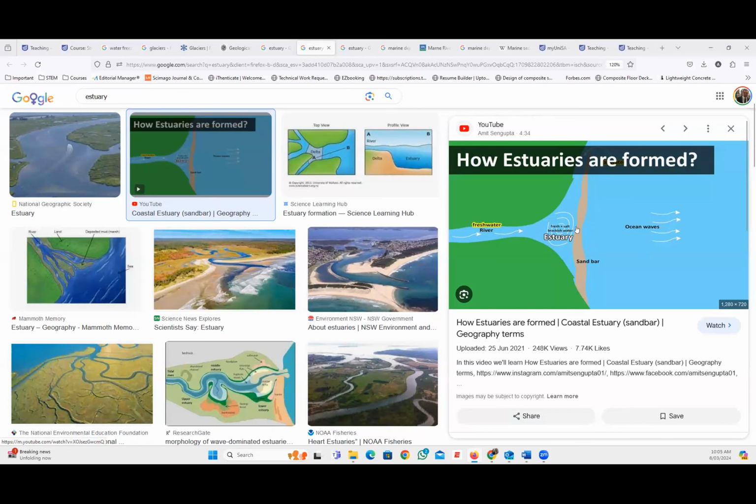This is called estuary, and the adjective of this is estuarine. So estuarine is the water and soil deposited in this area, like the entrance of the ocean from the river.